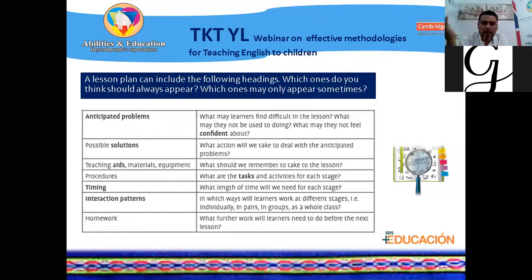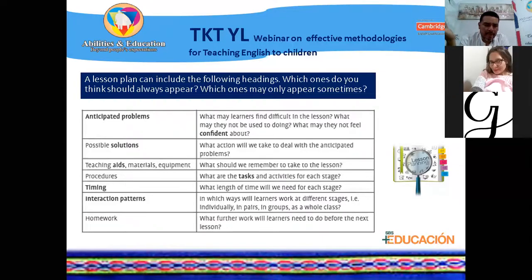And what is more important, the lesson plan or the students? The students, definitely. Right? The students. So if you have to include all these things in your planning because it is a school policy, it is a must at the place where you work, I'm sorry, you have to do it that way.